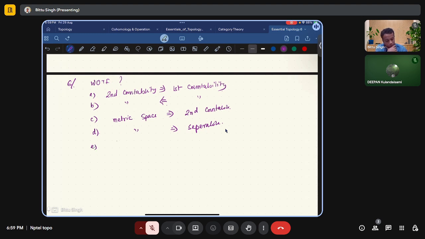There are more options. Option E: separable implies first countable. F says first countable implies separable.